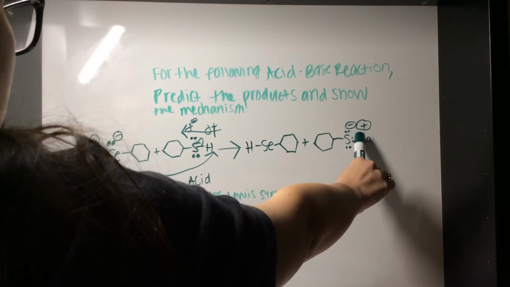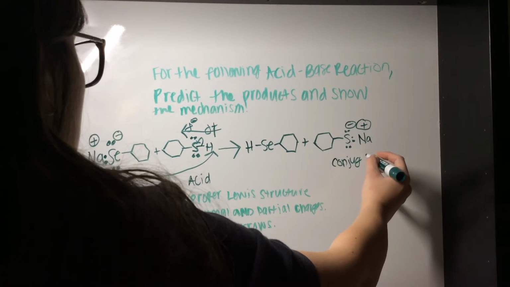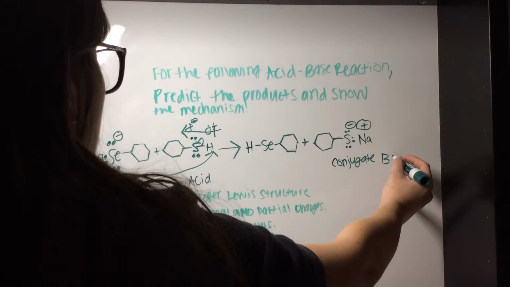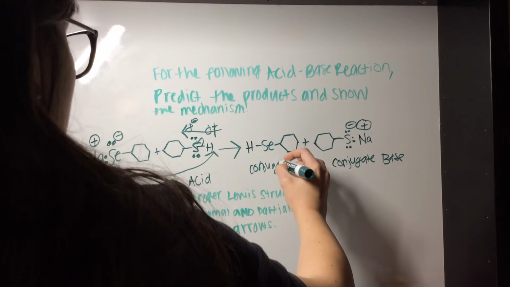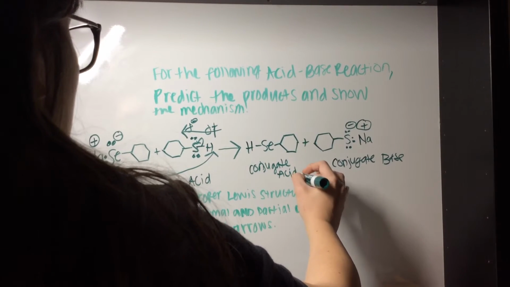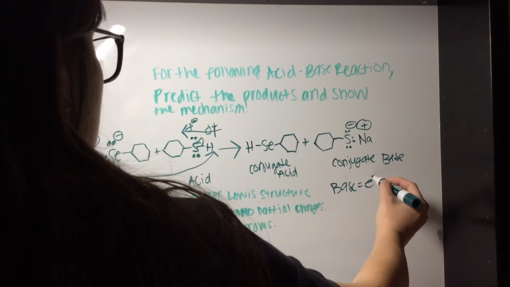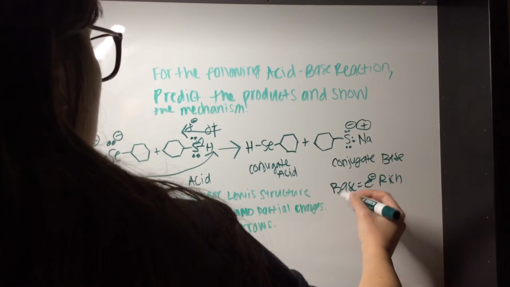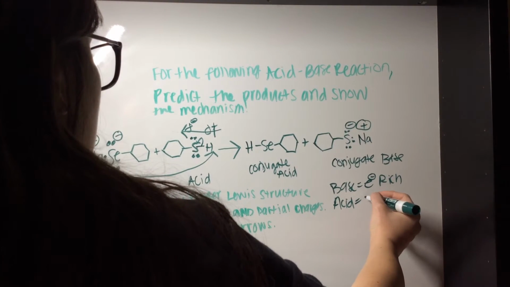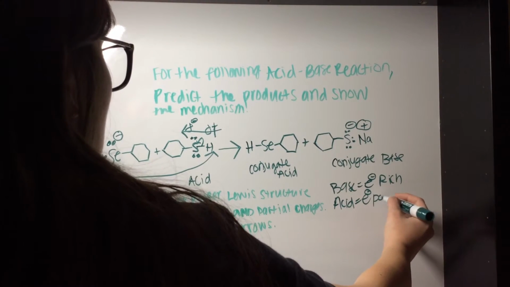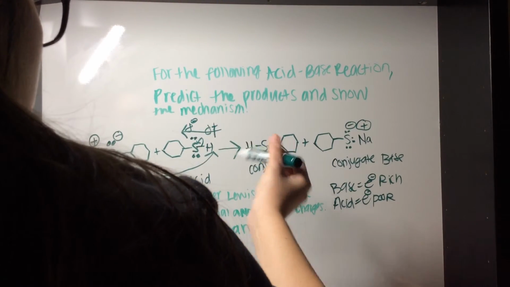Again, full negative is going to form the conjugate base, and then we're going to have our conjugate acid. If we remember that the base is electron rich, and then the acid, we can say that it's going to be electron poor, because again, negative goes to positive.